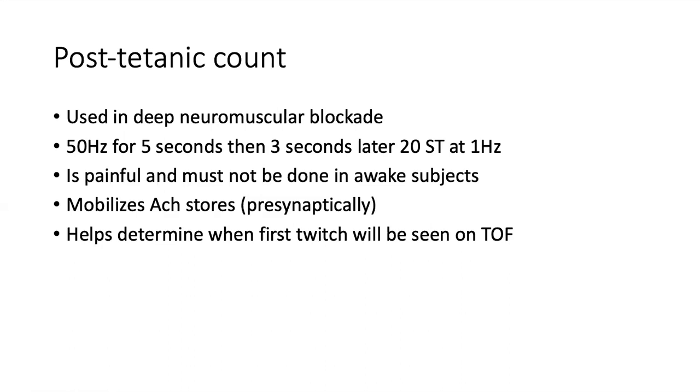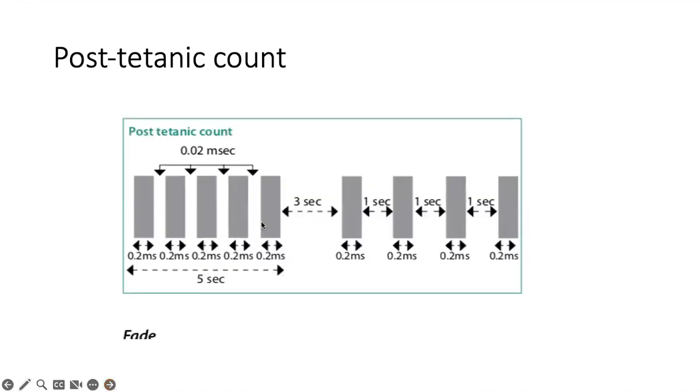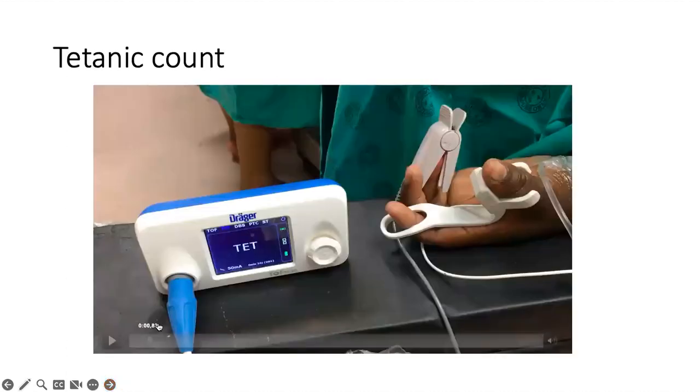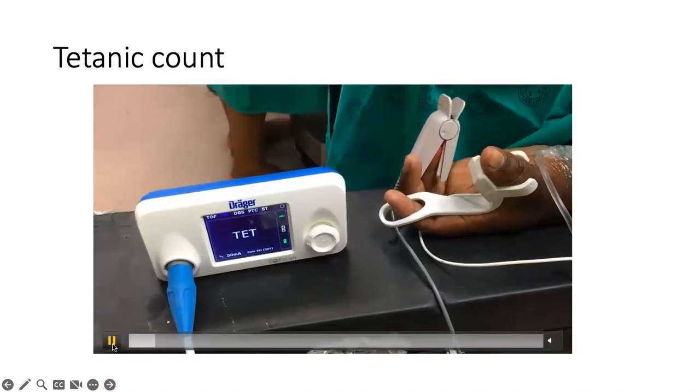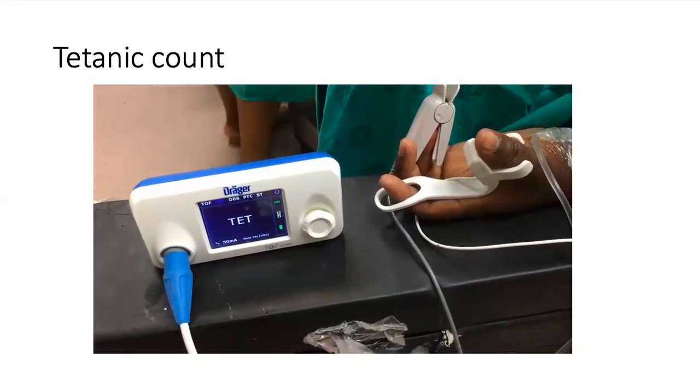So you want to mobilize as much acetylcholine as is available so that you can determine how long it's going to take to get a first twitch and how deep these patients are in terms of muscle relaxation. So here are the twitches, and with this one as well, you can also get a fade. Here's an example of tetanic stimulation. It can be very painful.